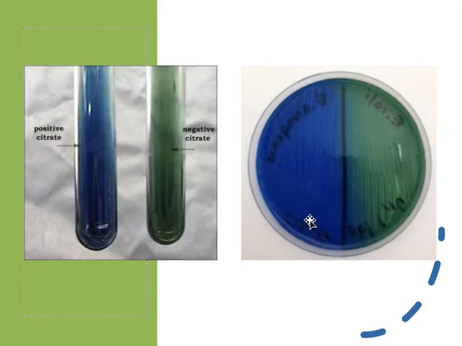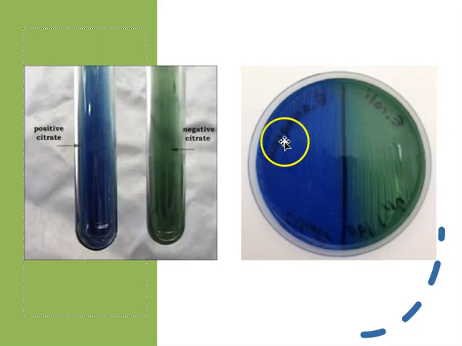We said it selects for gram-negative enteric organisms, and it selects against gram-positive organisms. So if you get growth on Simmons citrate agar, you know you have a gram-negative organism. Both E. coli and Enterobacter aerogenes are gram-negative enteric bacteria.